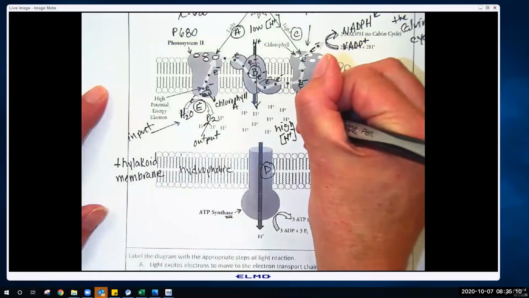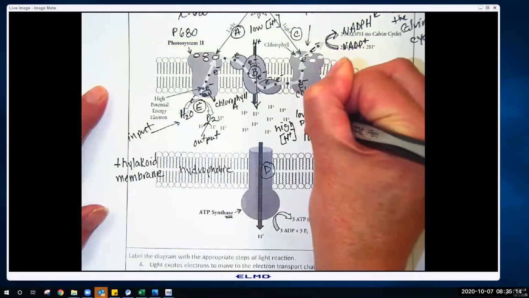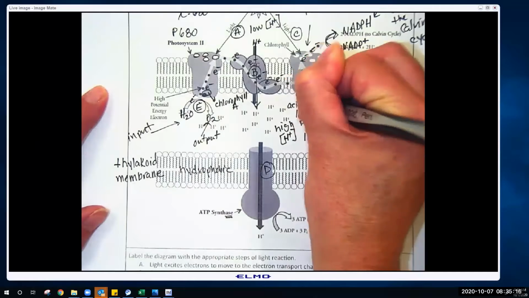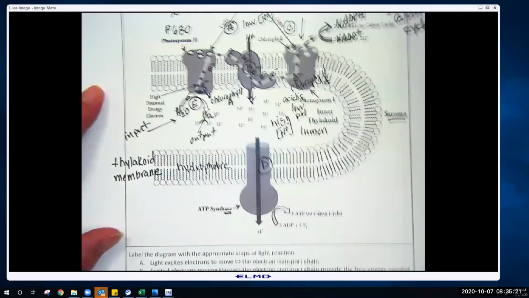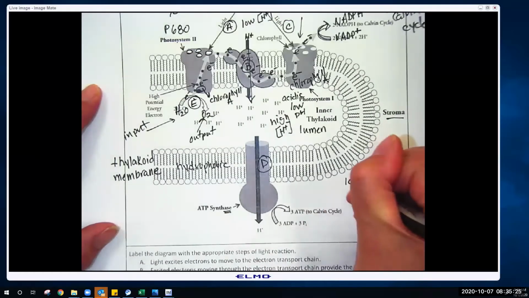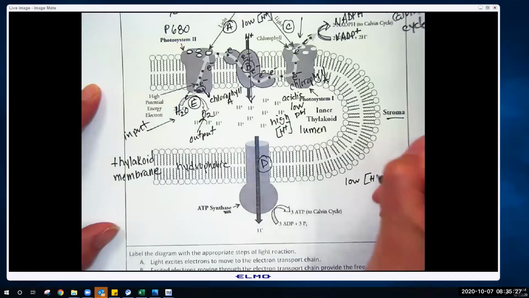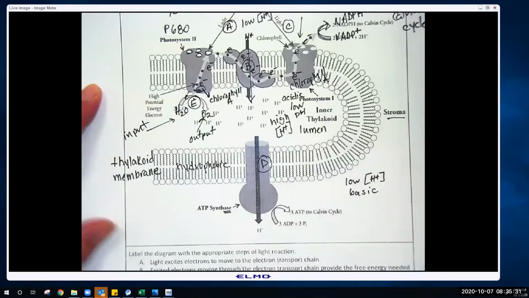This means that I have a very low pH. This is a very acidic environment. Lots of protons. Out here in the stroma, I have a low concentration of hydrogen ions. It is very basic, and it has a high pH.